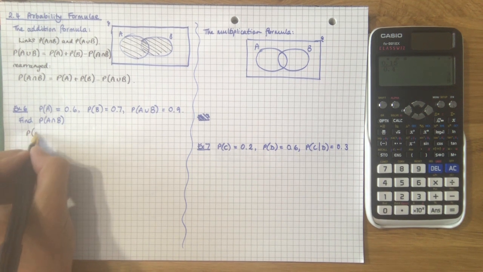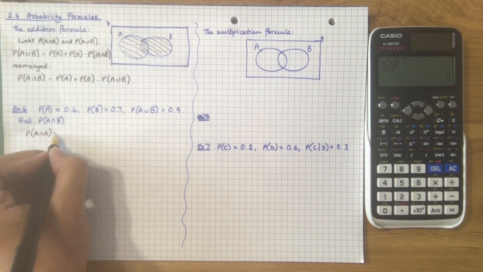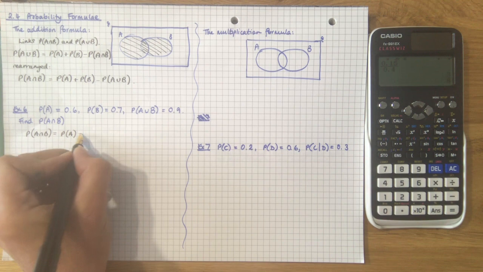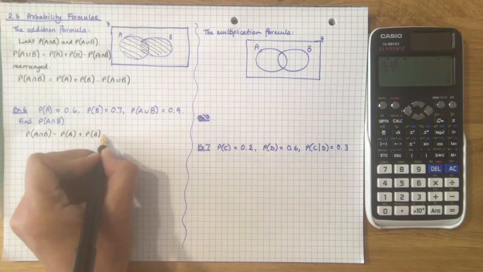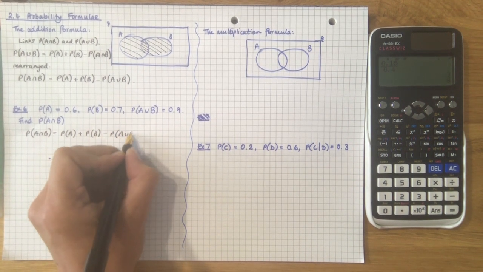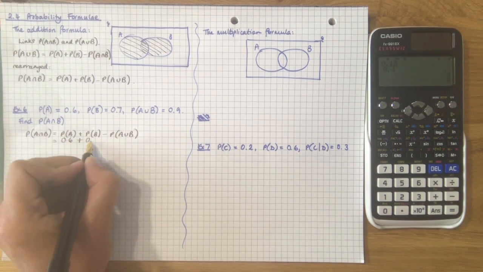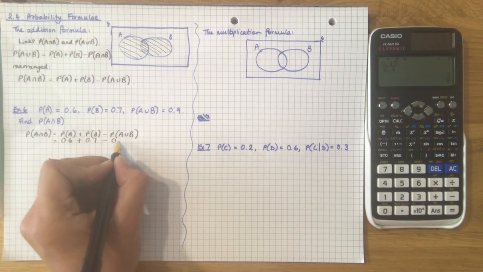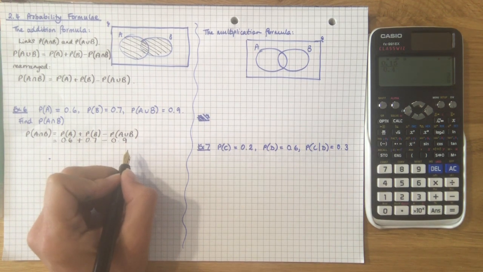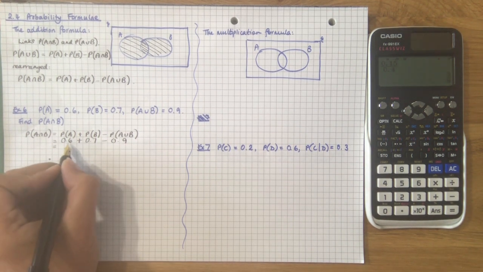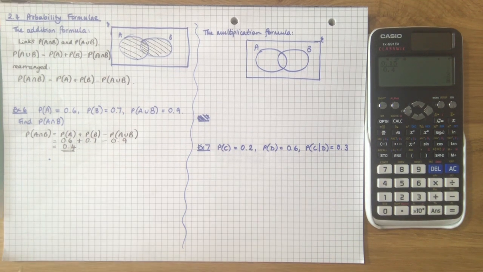The probability of the intersection is the sum of the probabilities of A and B, minus the probability of the union. So we've got 0.6 plus 0.7 minus 0.9, and that is 1.3 minus 0.9, which is 0.4. So the probability of the intersection is 0.4.